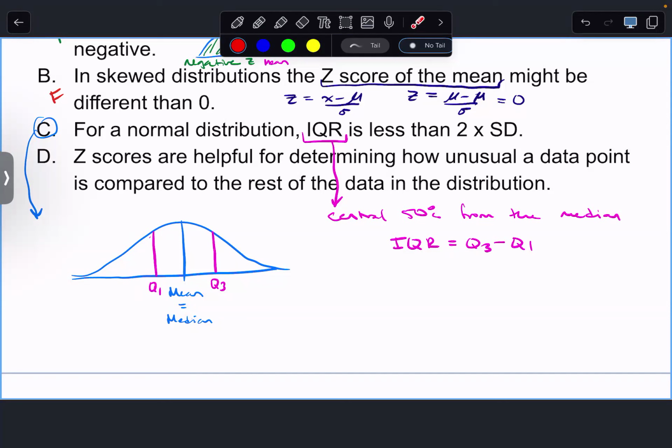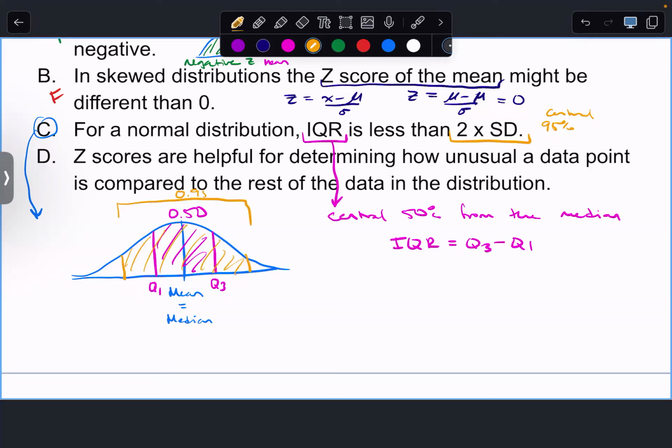So here, this area is 50% or 0.5, just by definition of the interquartile range. 2 standard deviations is 95%, the central 95%, just from the 68, 95, 99.7 rule, which has to be something like this. 0.95.